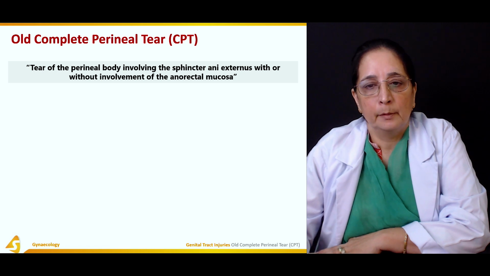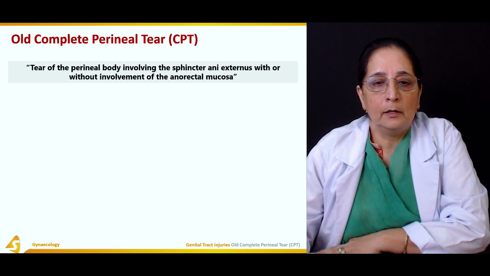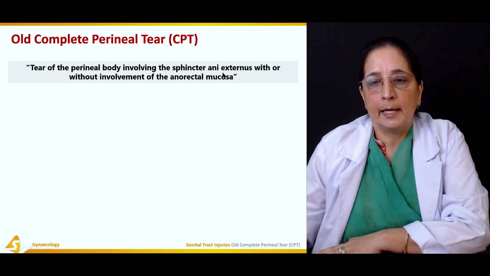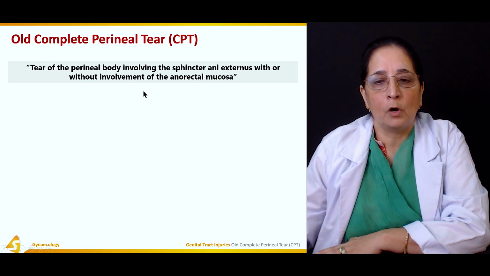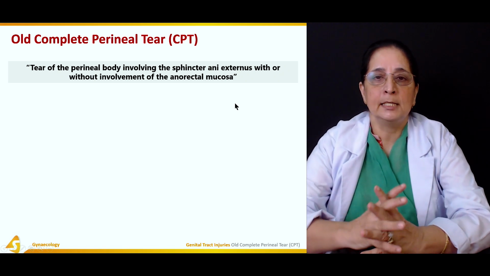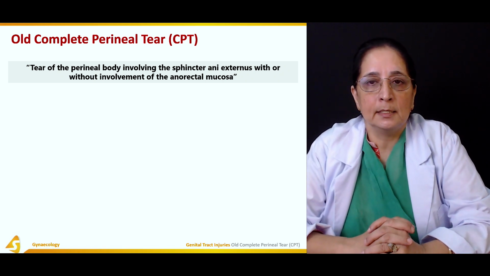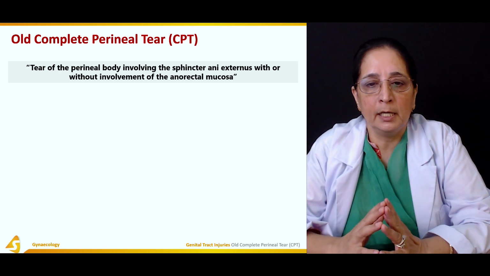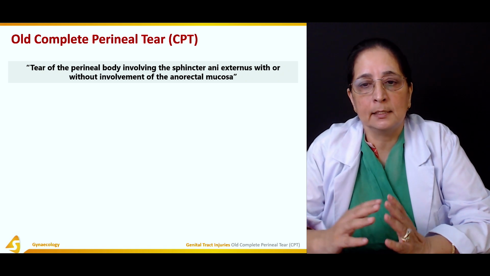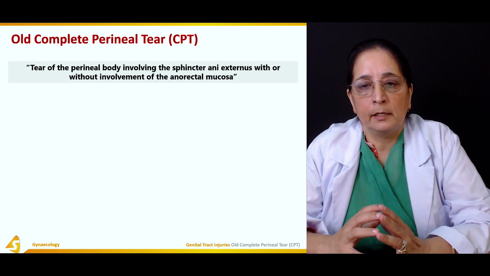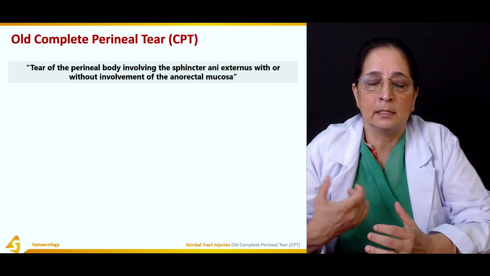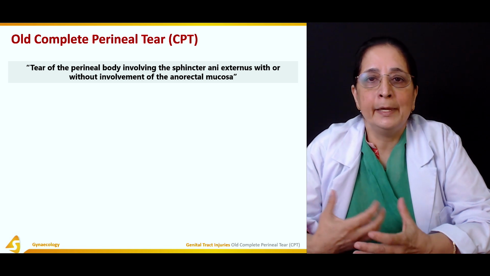Old Complete Perineal Tear is the tear of the perineal body involving the sphincter ani externus with or without involvement of anorectal mucosa. So the complete old perineal tear is one in which the perineal body is involved along with the sphincter ani externus, the muscle, the sphincter of the anus that is responsible for opening and closing.